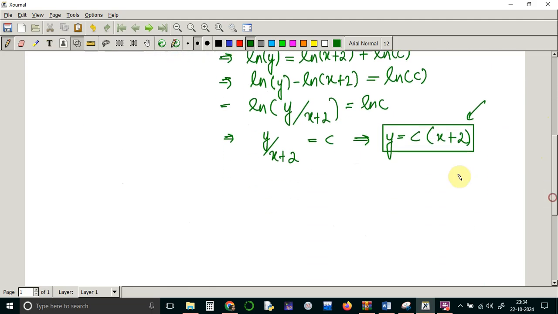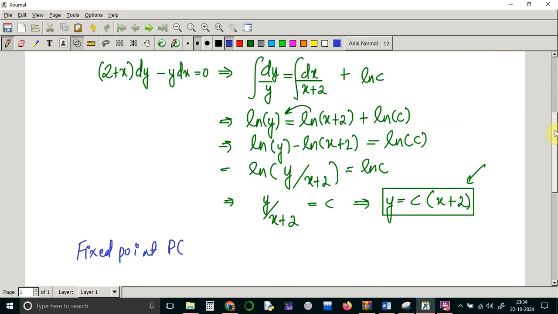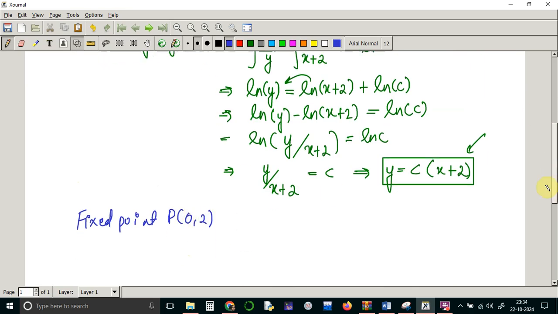Let's take the fixed point as (0, 2), and it is given that this solution is passing through this point.